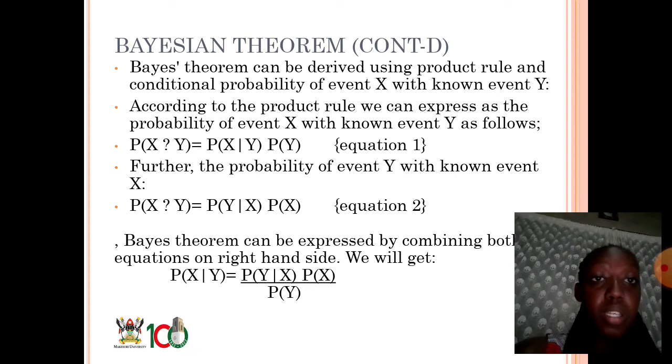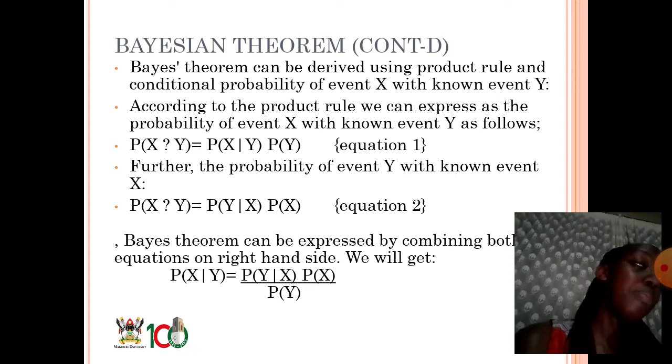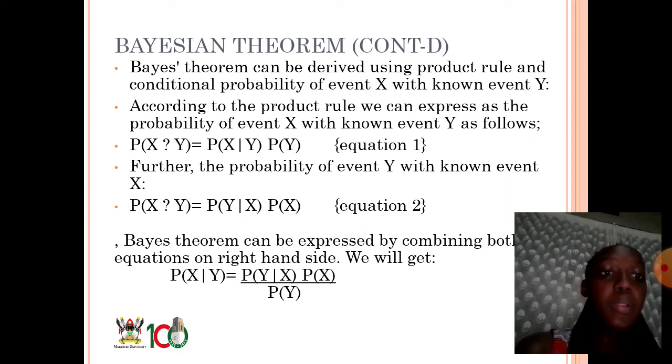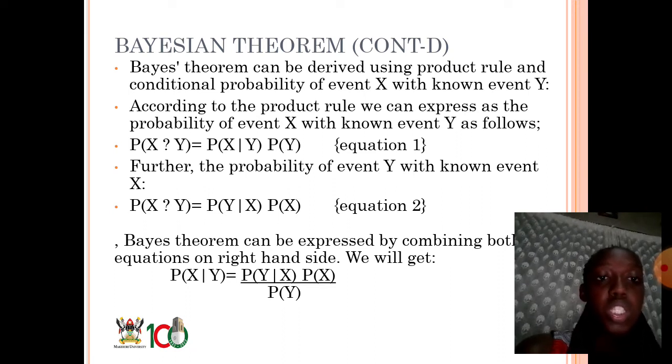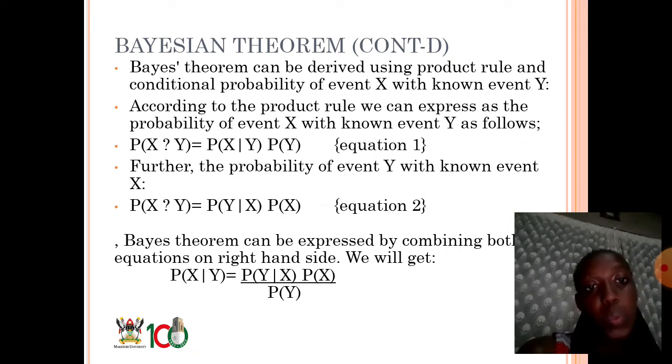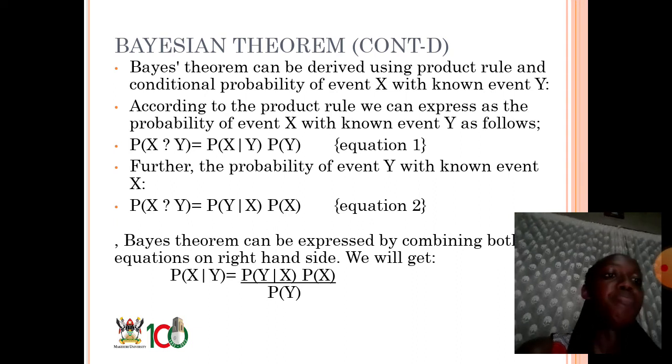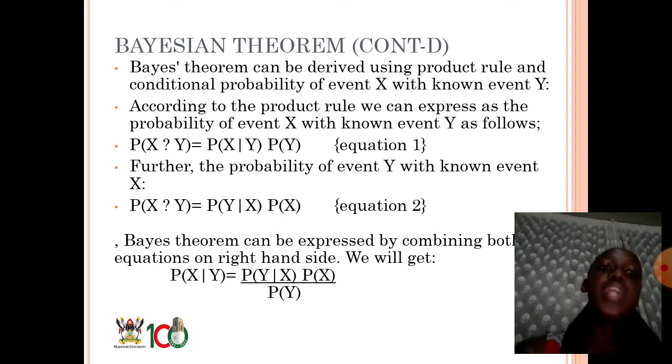Since the Bayesian theory deals with probabilities, we are given two events, one event which is X and another one which is Y. So we make two equations, and when we combine them, we come down with the formula below, as you can see there.